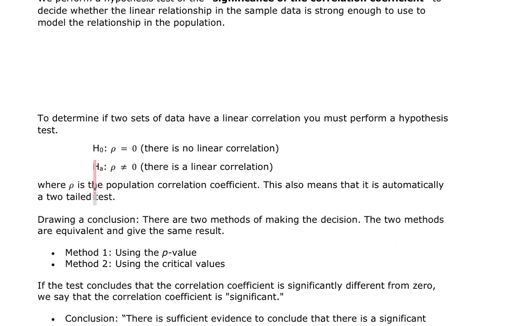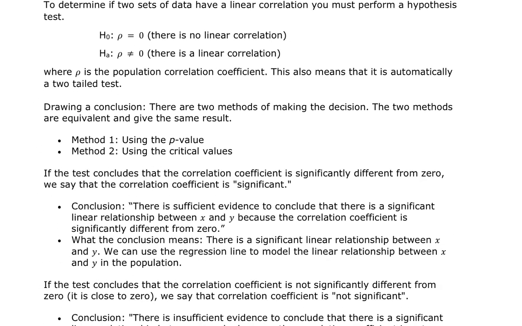So H0, the null hypothesis, is always going to be rho equal to 0. So that's kind of nice. And our alternative, or HA, will be rho is not equal to 0. Rho, again, is the population correlation coefficient. It's our parameter. That means we are always automatically a two-tailed test.